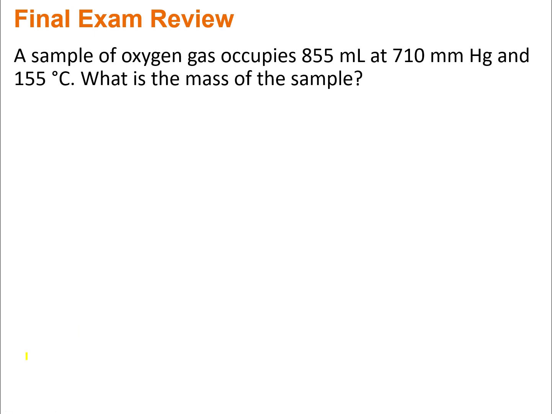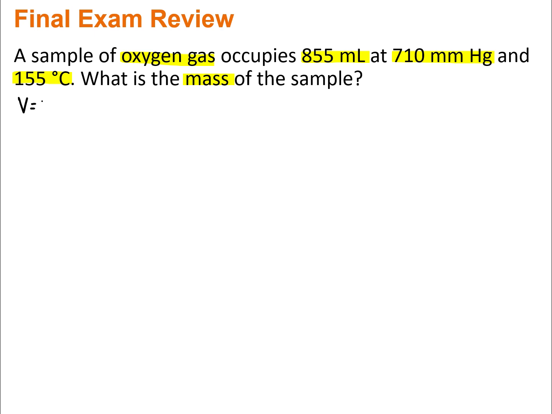We've got a sample of oxygen gas, and it occupies this volume at this pressure at this temperature. We have to figure out the mass of the sample. So let's write down what we know.